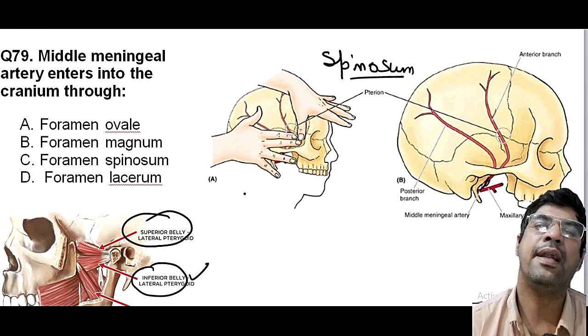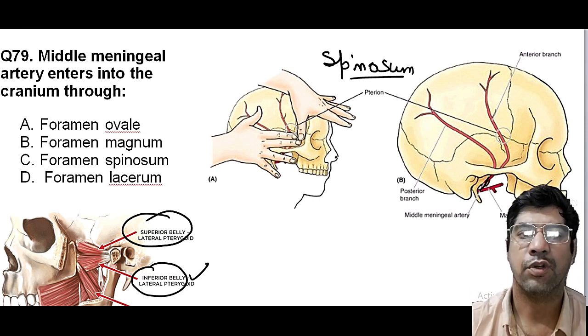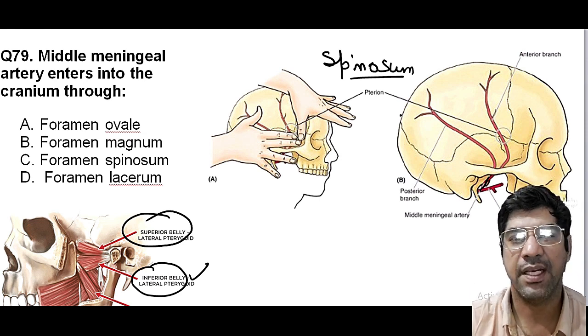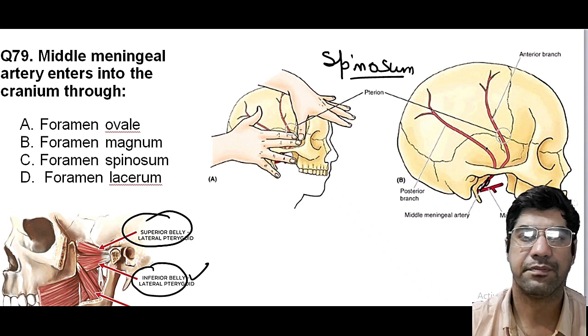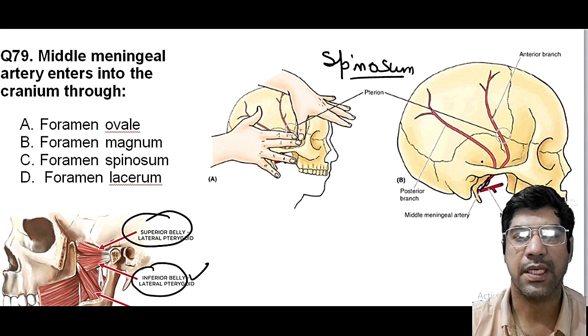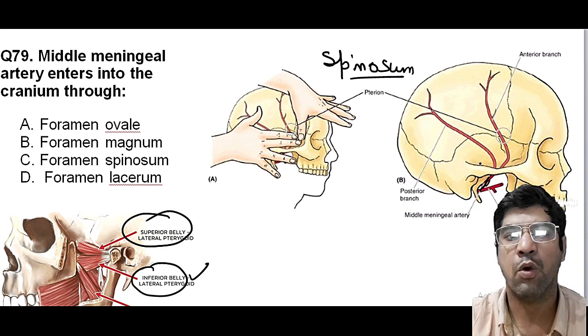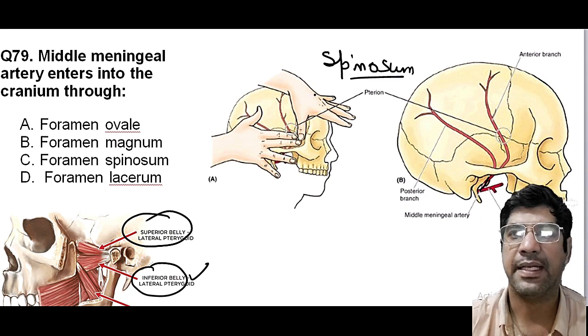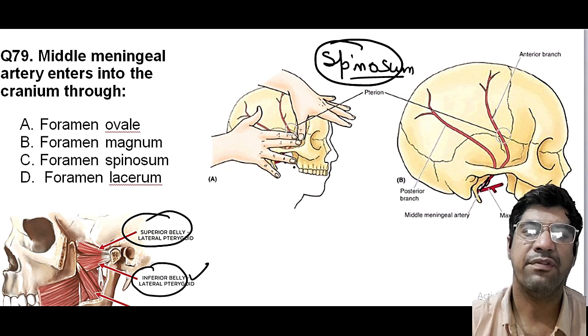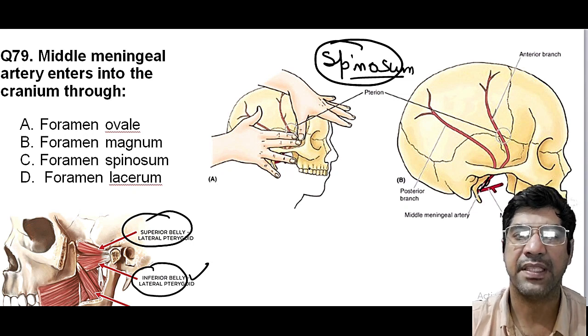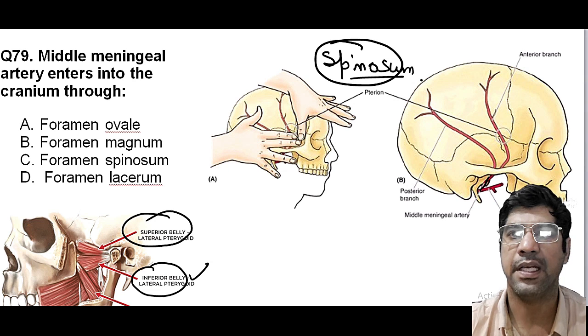Imagine it as a road sign. After that, it will enter the castle. So our traveler needs to enter a castle, that is your skull, to continue the journey. To do this, it goes through a special gate known as the foramen spinosum. Think of this gate as a secret passage leading into the castle.